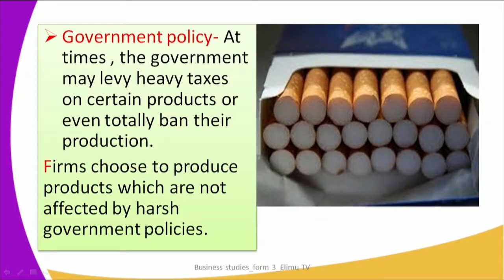When a product is heavily taxed, its price increases. And from the rule of demand, the higher the price, the lower the demand. Since the product is taxed, its price goes up, and many people will not be in a position to afford it.